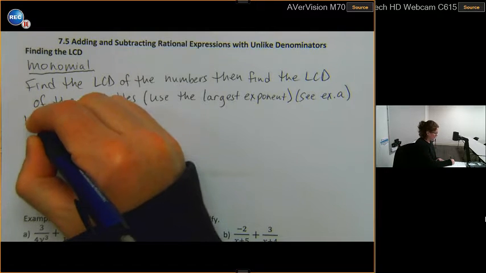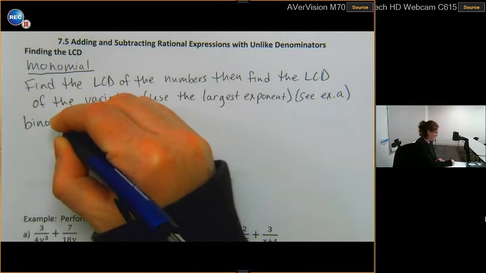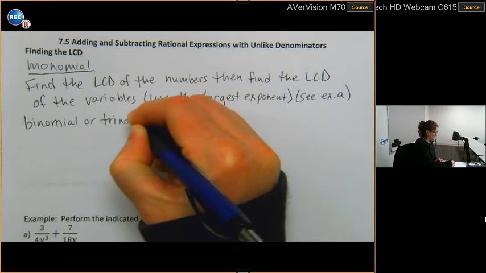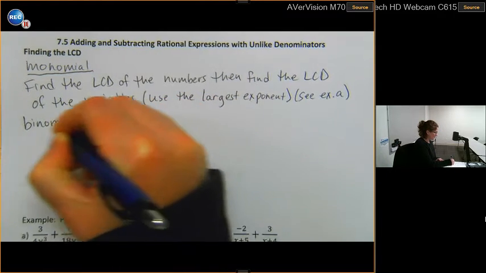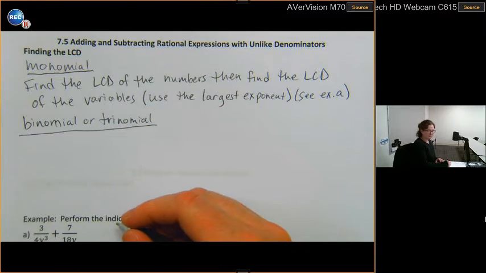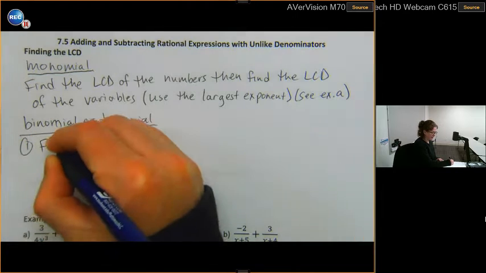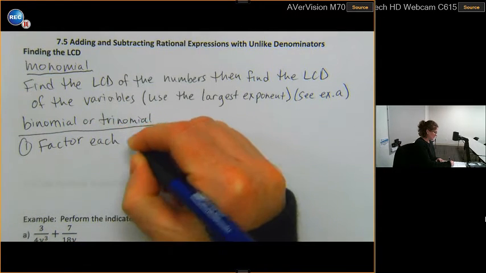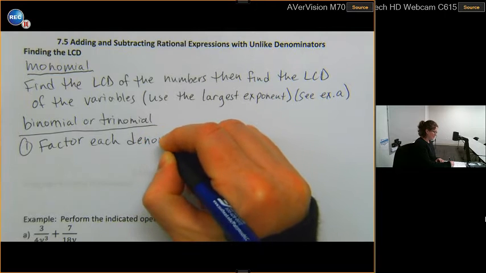If you have a binomial or trinomial denominator, to find the LCD, the first step is to factor just the denominator.